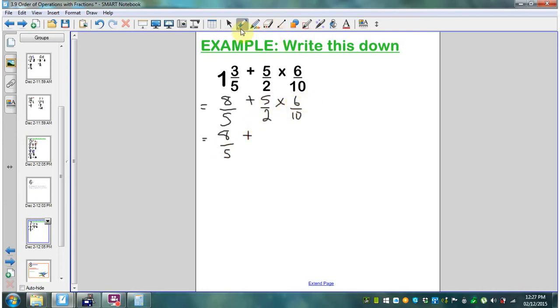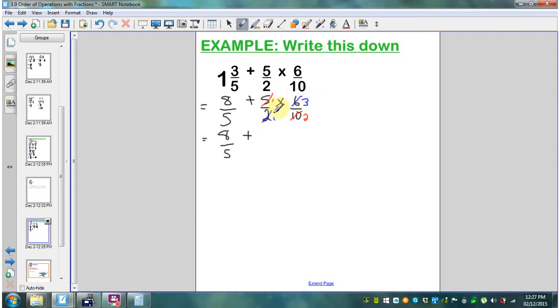And now I'm going to simplify very quickly here. Alright, so 5 and 10, my corners here can be simplified. 5 goes into 5 once. 5 goes into 10 twice. And I'm going to simplify these corners in the same step. 2 goes into 2 once. 2 goes into 6 3 times.